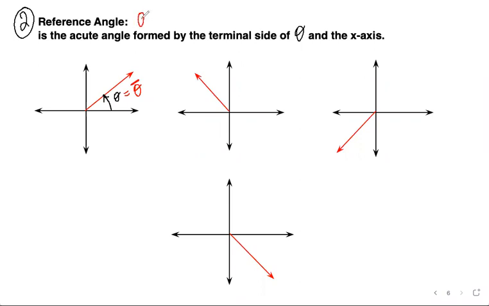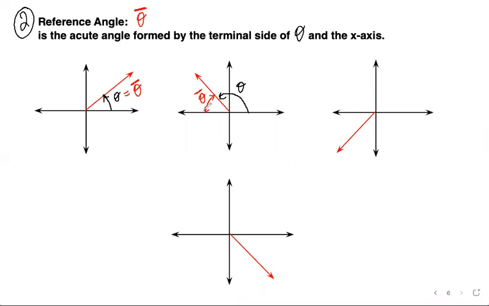We denote the reference angle by theta bar. For the second one, my angle looks like this. The reference angle is the acute angle between the terminal side and the x-axis. This is my x-axis, so the acute angle is this. This is theta reference.